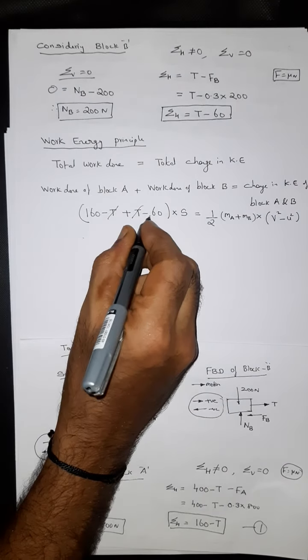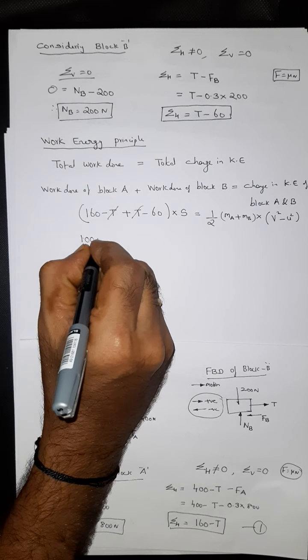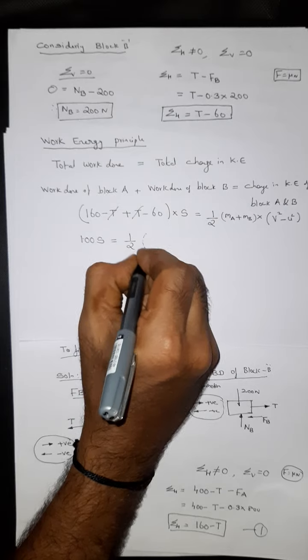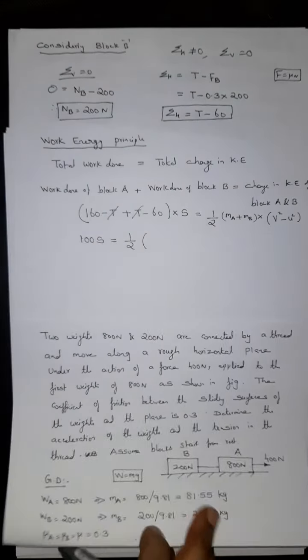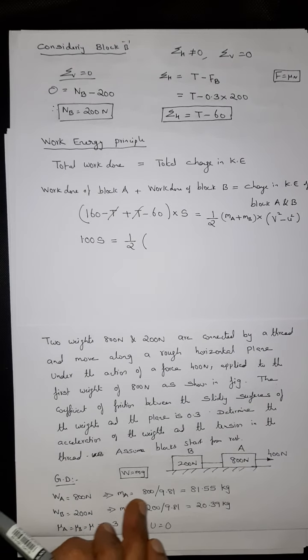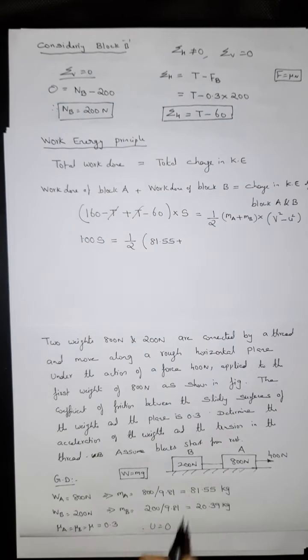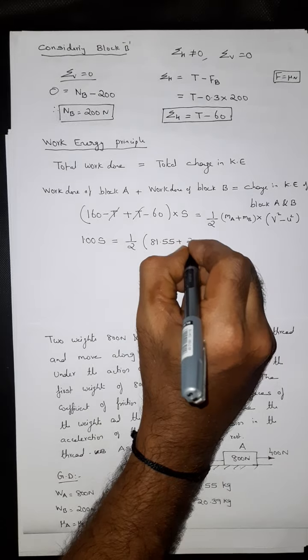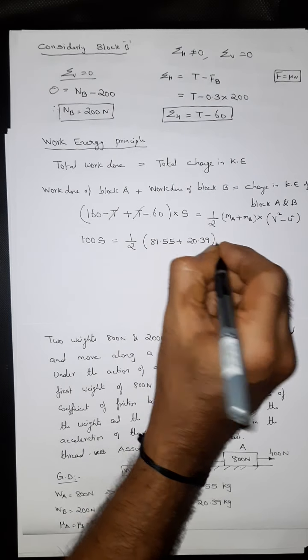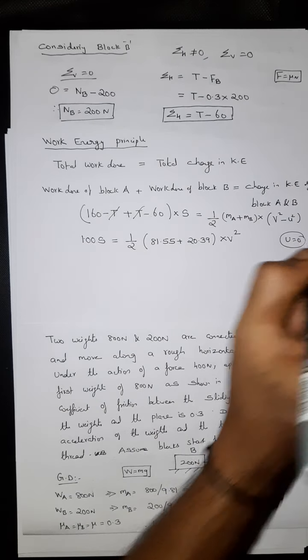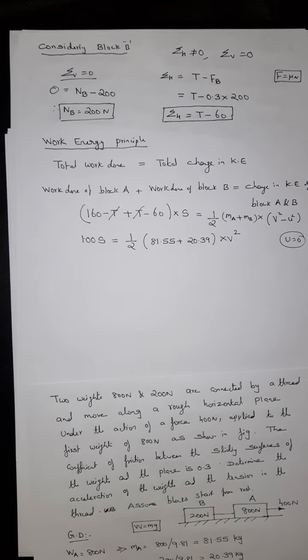So 160 minus 60, which is 100 S, equal to 1 by 2 into MA, mass of A block is 81.55, plus mass of B is 20.39, into V square, because U is equal to 0, right?